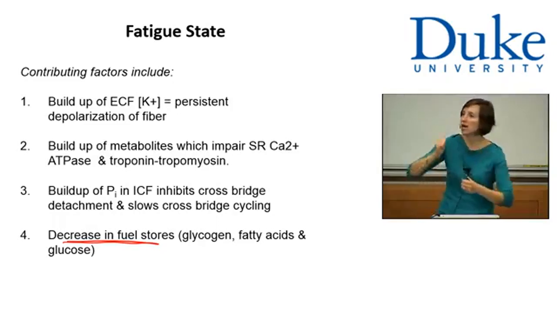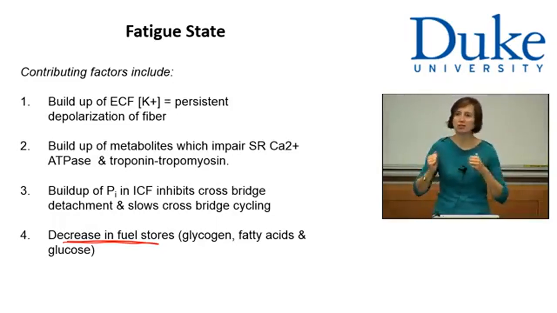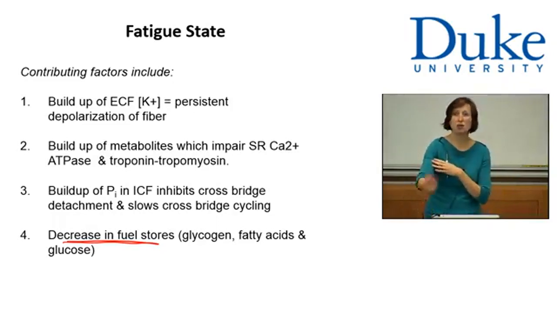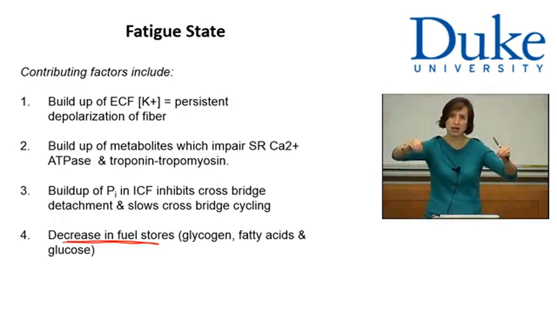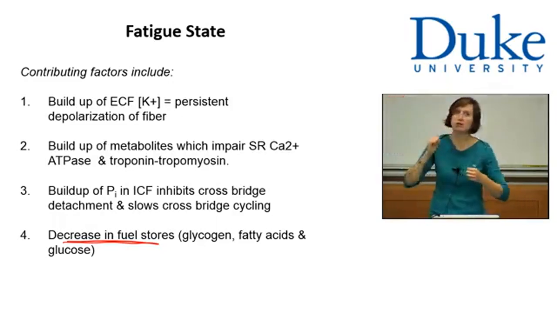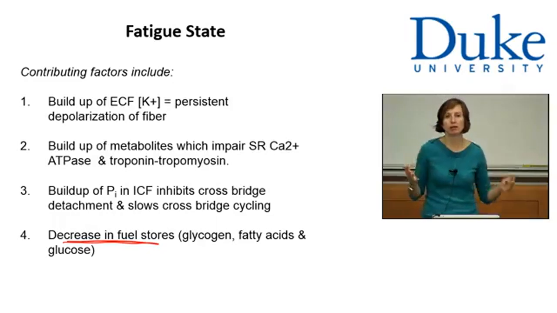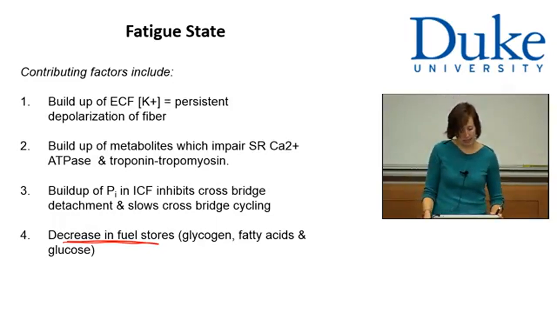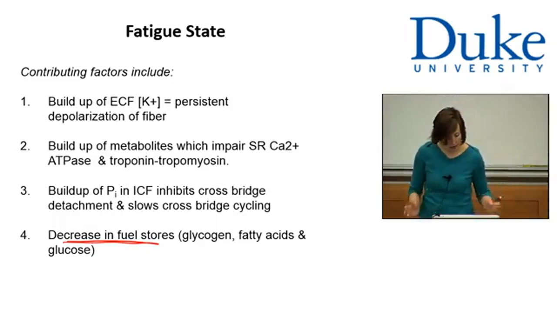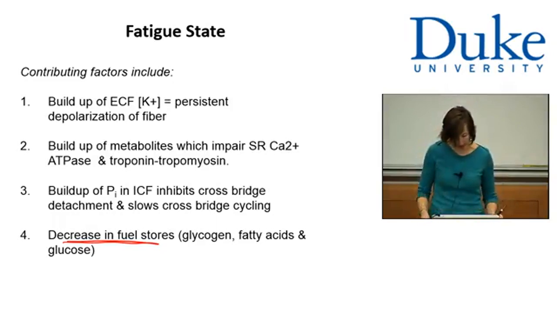And so if we're doing our exercise and then all of a sudden a muscle runs out of ATP, we are going to really damage that muscle, because it's going to lock down, those myosin heads are going to lock down onto the actin while we're still trying to do our exercise. So in a way, the fatigue is going to make sure that you slow down before you risk running out of ATP. So there are several factors that we're going to talk about.